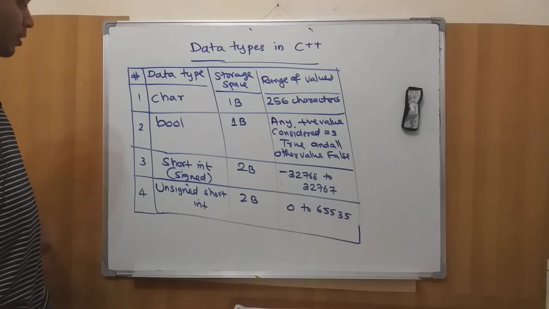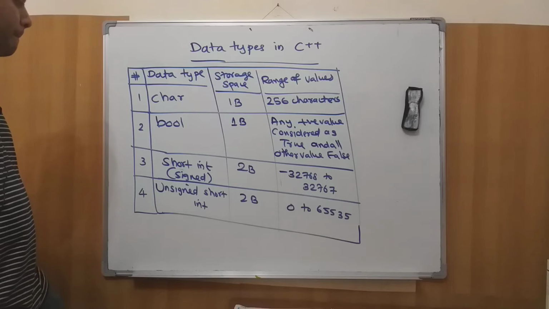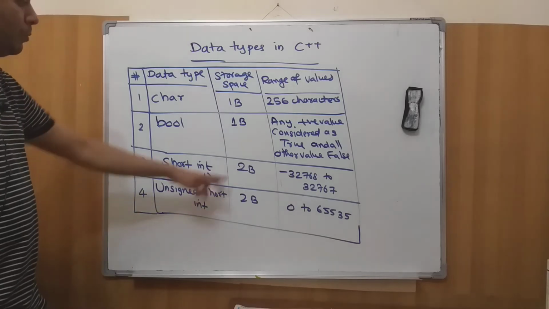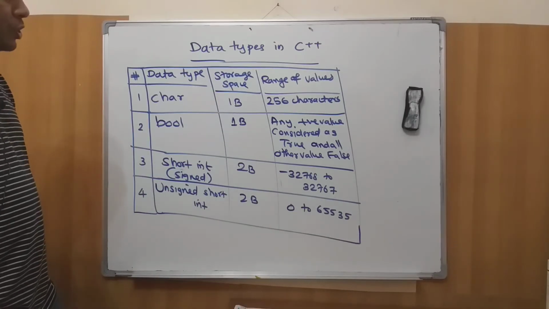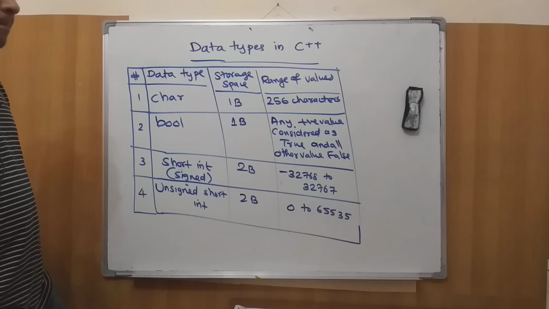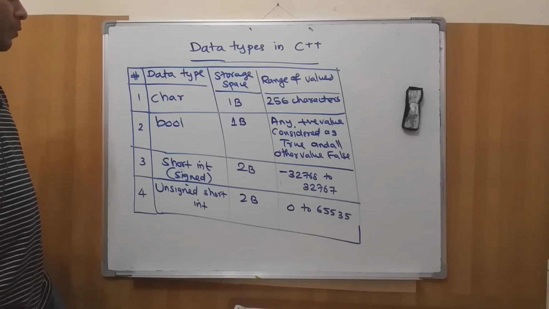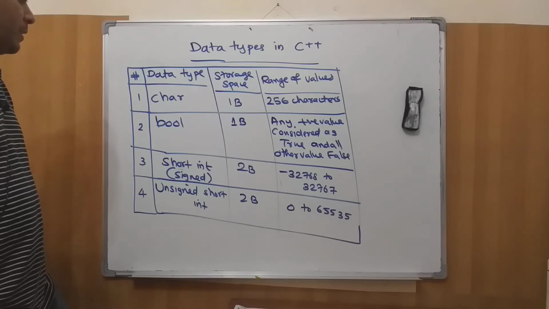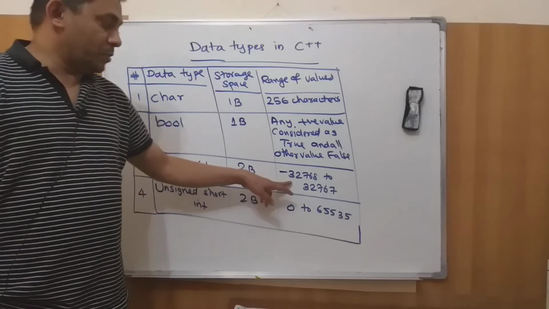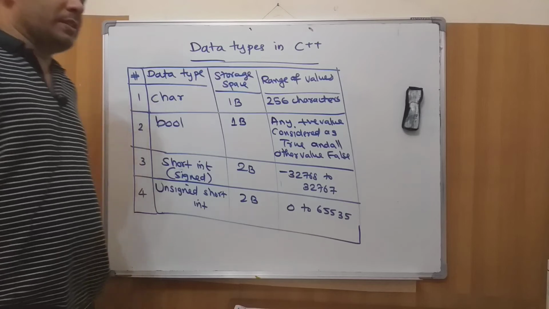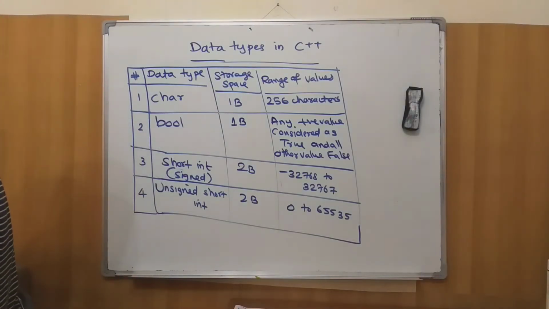When we define a short integer in a C++ program, 2 bytes of storage are reserved, and using it we can represent numbers from -32,768 to 32,767.